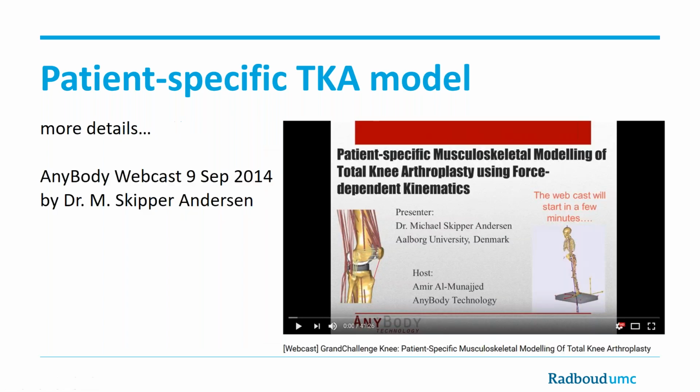All the details of this model were already presented in a previous webcast by Dr. Michael Skipper Andersen. For those interested in the details, also about the validation, I would suggest searching for this video, which is still available on YouTube or on the AnyBody webpage.